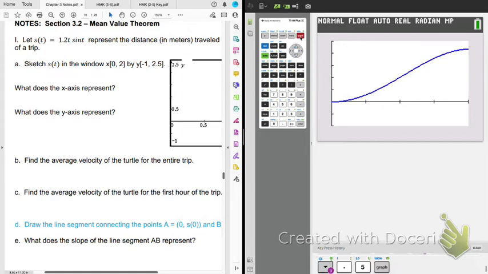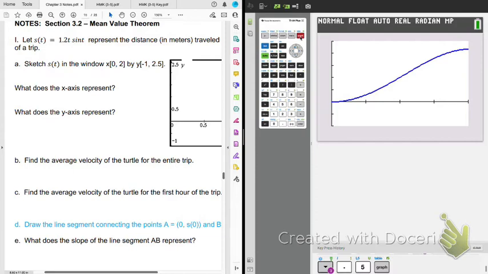All right. Now, we did not read the stem of the question, but let's do that now. This function represents the distance in meters traveled by a turtle over the first 2 hours of a trip. Okay, so our turtle has traveled this lovely distance. So what in this case do you think the x-axis represents in that word problem? What's t represent?